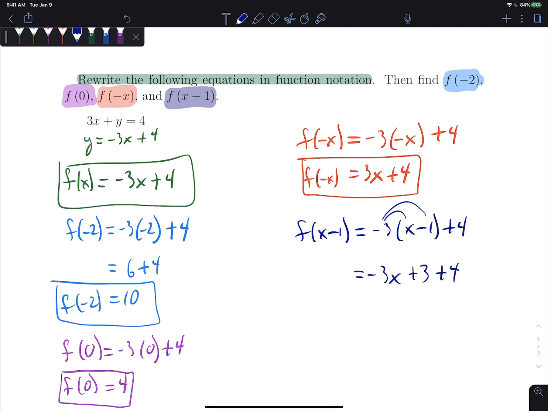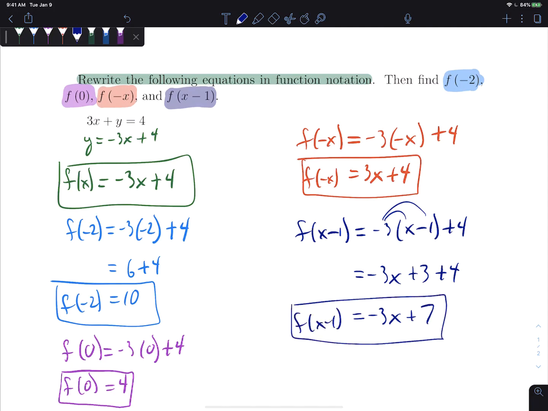A lot of people are going to forget to make this a positive 3. Be careful. Negative 3 times negative 1 is positive 3, not negative. Then just combine like terms. That gives me negative 3x plus 7. So f of x minus 1 is equal to negative 3x plus 7.